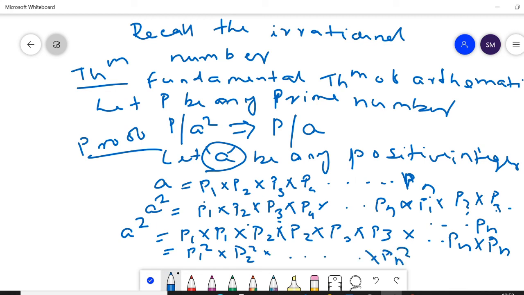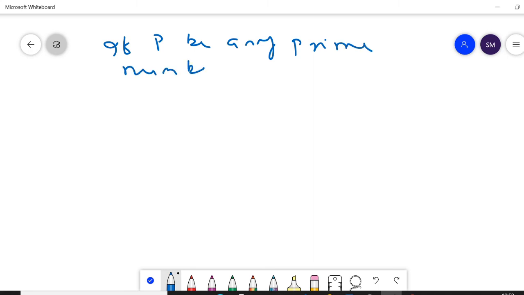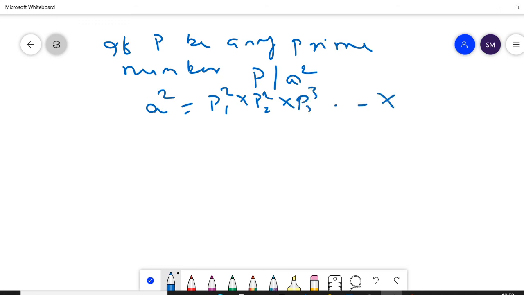Okay. If P is any prime number which divides A square, then, as we proved before, A square equals P1 square into P2 square into P3 square up to Pn square.